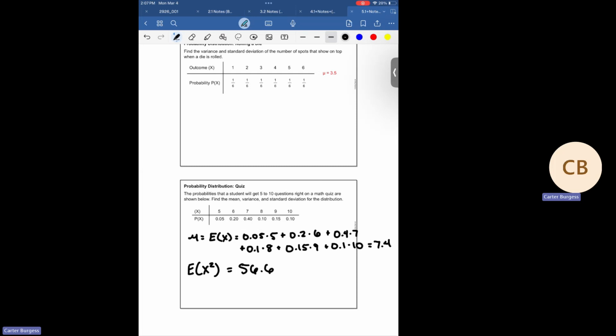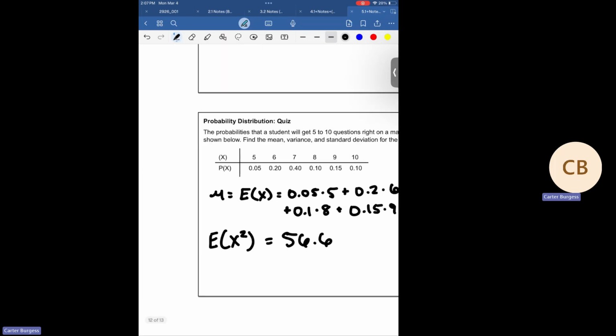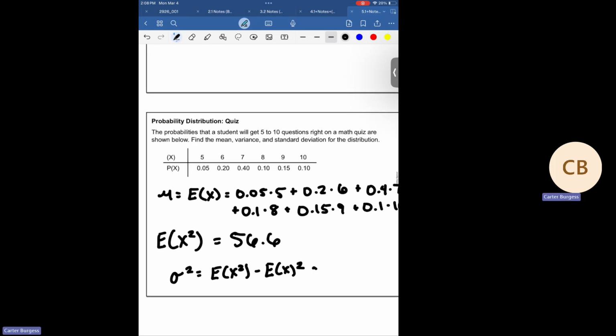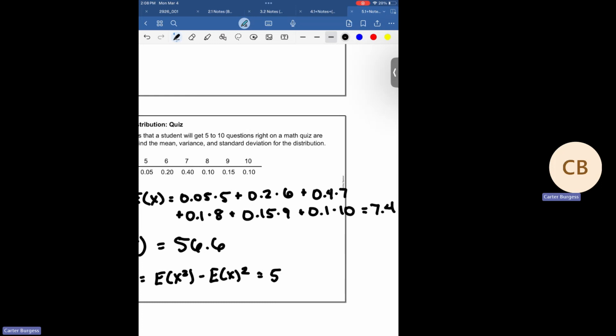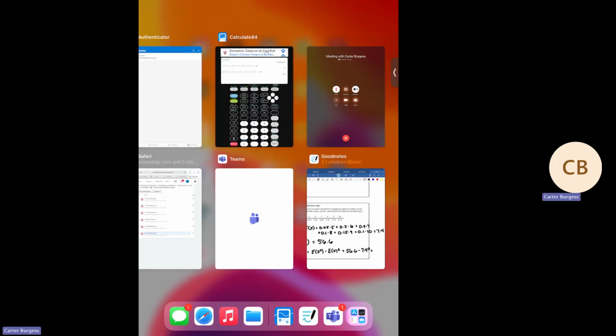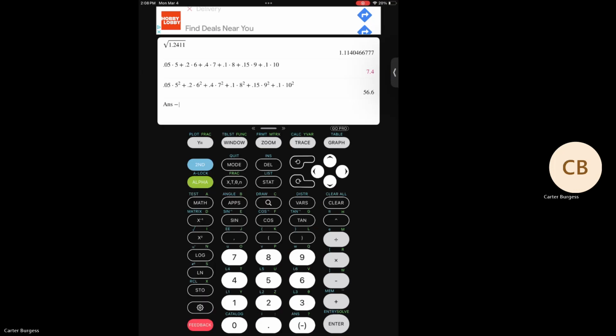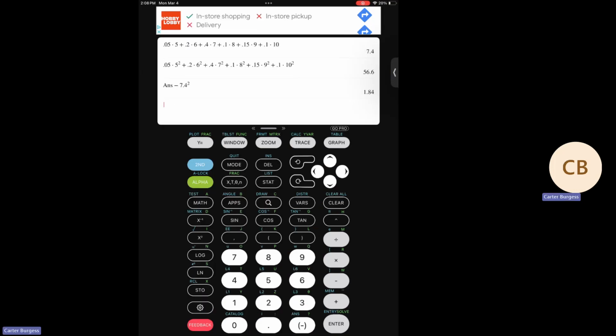What are we doing with this? Well, it is a stepping stone to finding the variance. Variance is going to be equal to that E of X squared that we got, minus E of X squared, our mu squared, which is equal to our 56.6 minus 7.4 squared, for which I get 1.84.